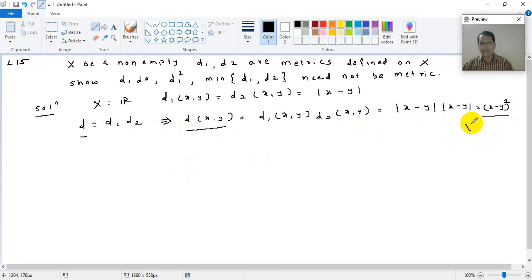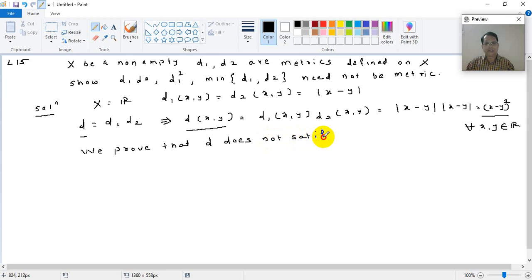This is not a metric for all x and y belonging to R, because your set is R, right? So now we will try to prove that. So we prove that d does not satisfy the triangle inequality.